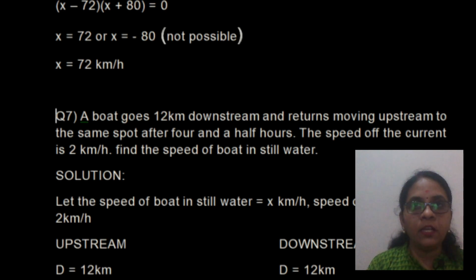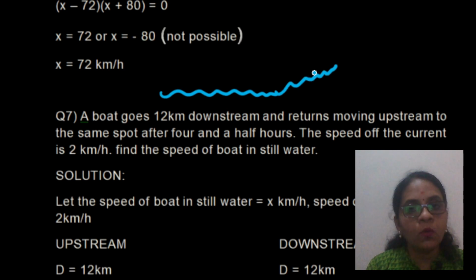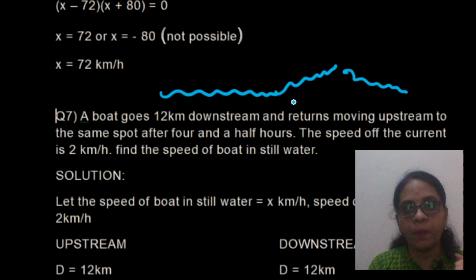So children, here you have to know that, let me take the pen. Here you have to know that the flow of water will not always be like this. There will be places where it goes slightly up the slope and slightly down the slope as well.